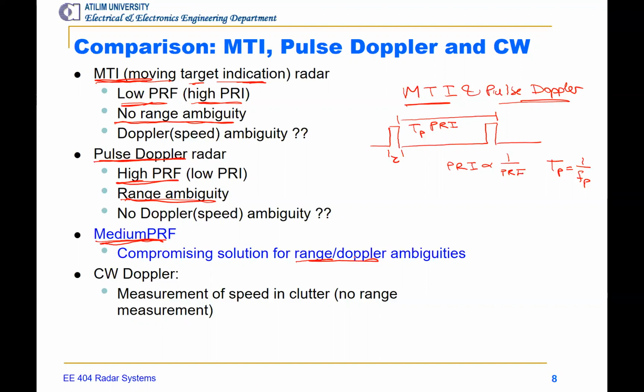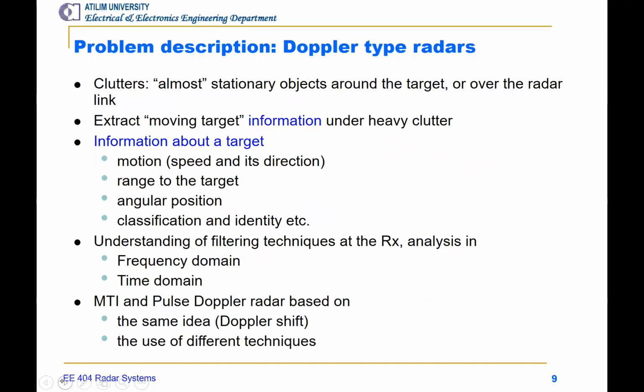There is also a continuous wave Doppler radar where we measure only speed, not range, as we use only a sinusoid. Usually it's used for detection of moving targets in clutter, only the speed of the moving targets in clutter.